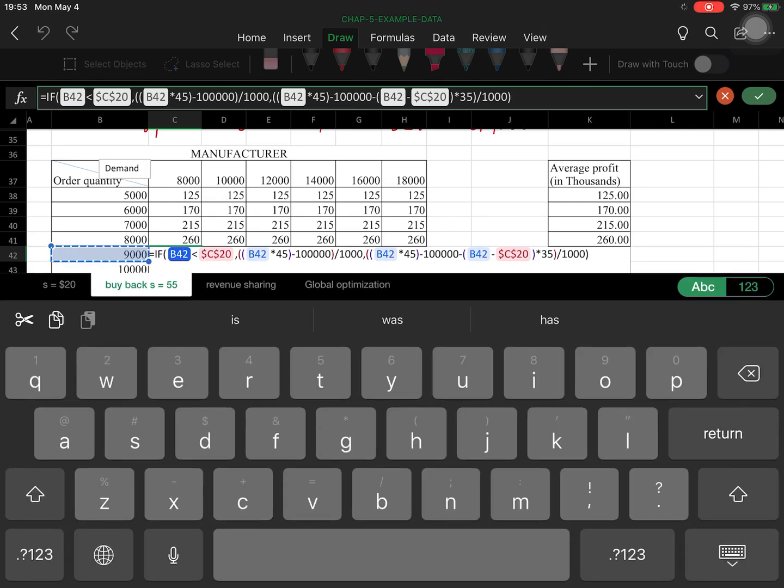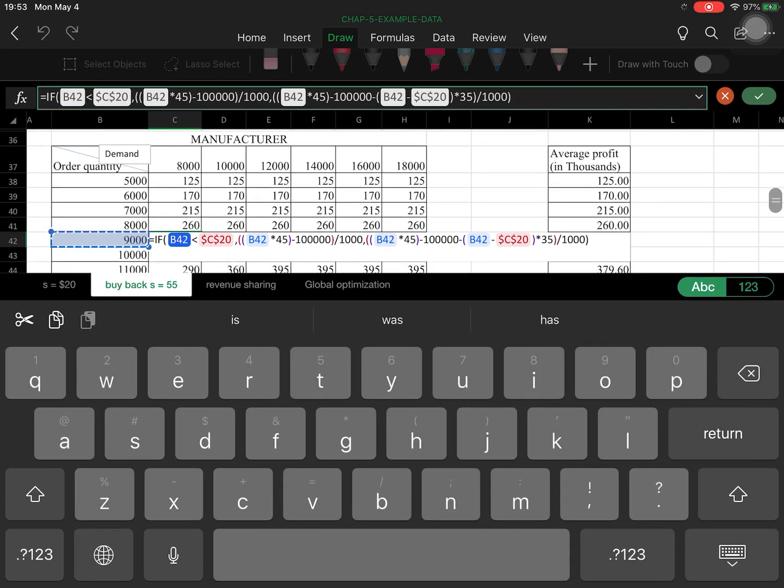So if the order quantity is less than the real demand, we have this, right? The order quantity multiplied by marginal profit of manufacturer and minus the fixed cost.